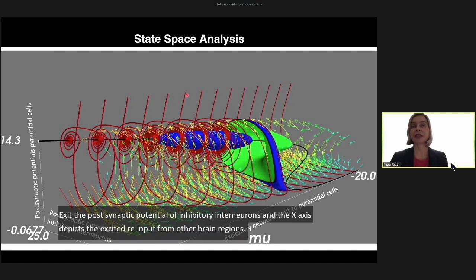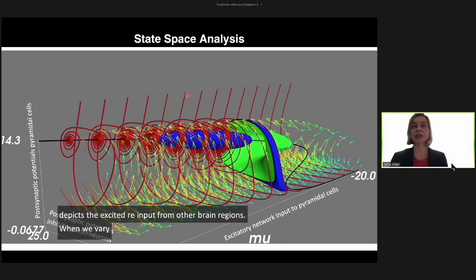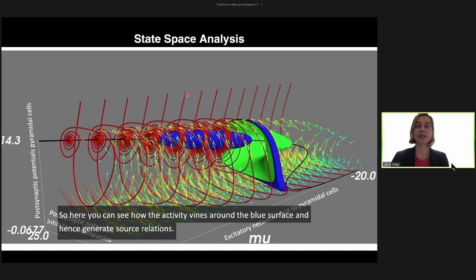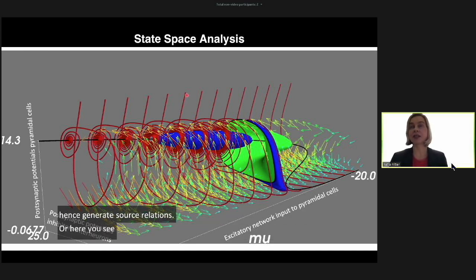When we vary the network input, the behavioral repertoire of the neurons changes. So here you can see how the activity winds around the blue surface and hence generates oscillations. Or here you see just a black line when neuronal activity does not change.